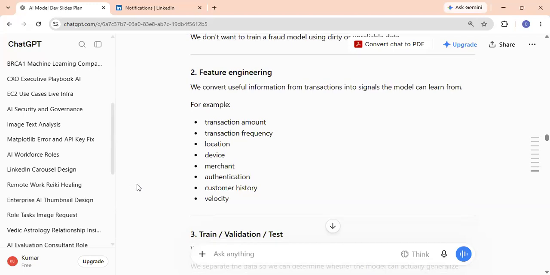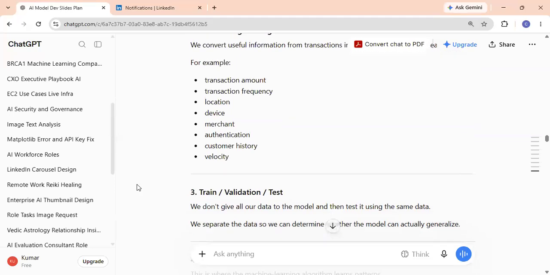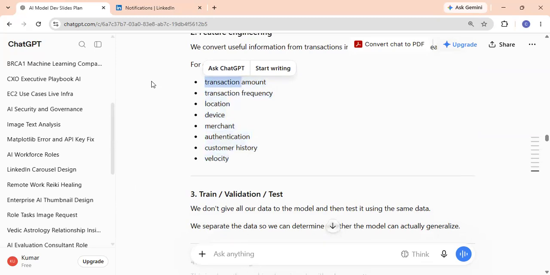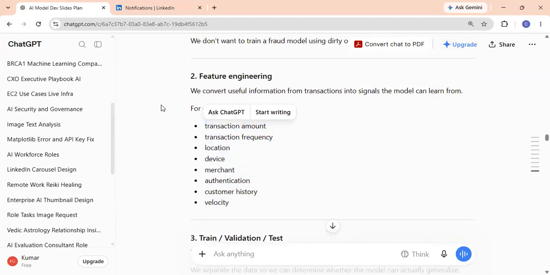Then customer history. So customer history is also one of the features. Velocity. It means for the model, all these features data is very important to test the paths of the program, different paths, different validations, all these things. These are called features within the data, fraudulent data. You got it?